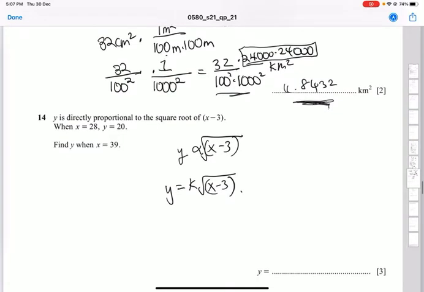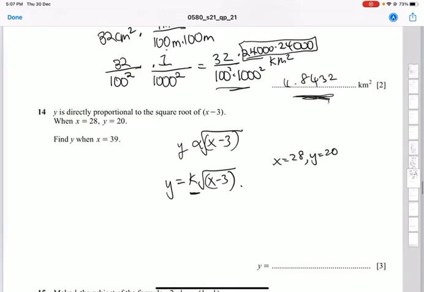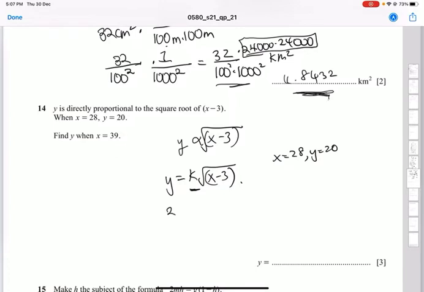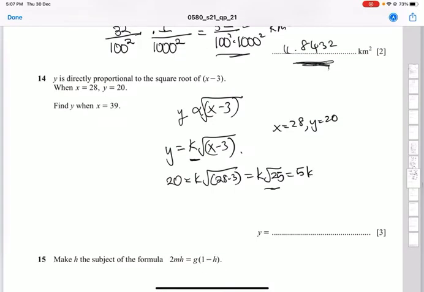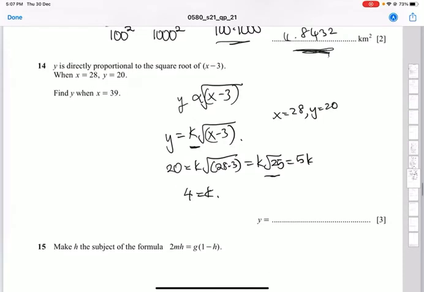And it says when x is 28, y is 20. So we need to find k here. So 20 equals k times square root of 28 minus 3, that's the square root of 25, or 5k. Square root of 25 is 5. Now you're going to divide both sides by 5. So 20 divided by 5 is 4. So that's your k. So you found k.